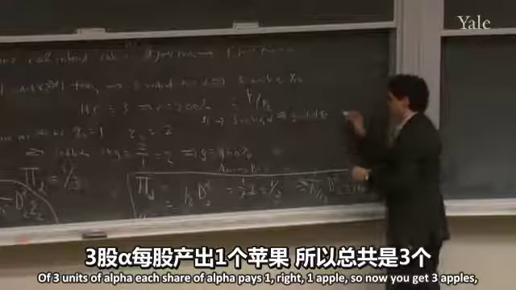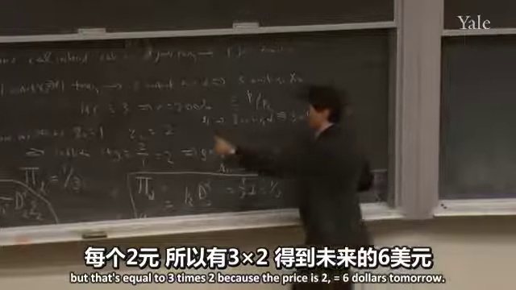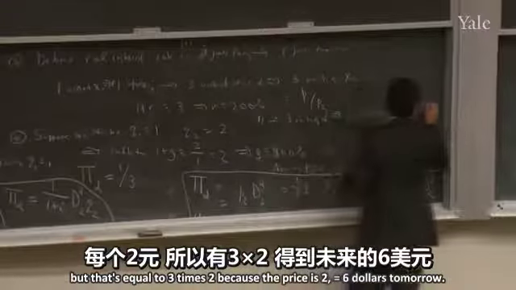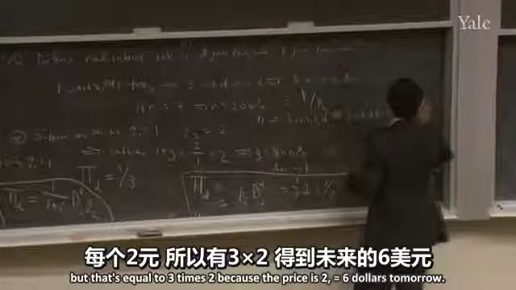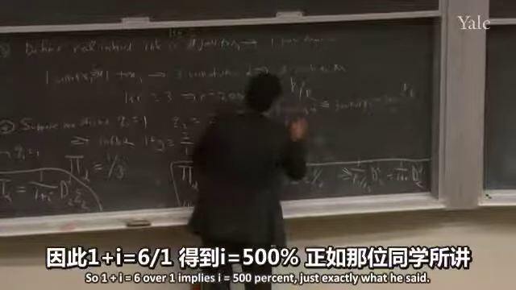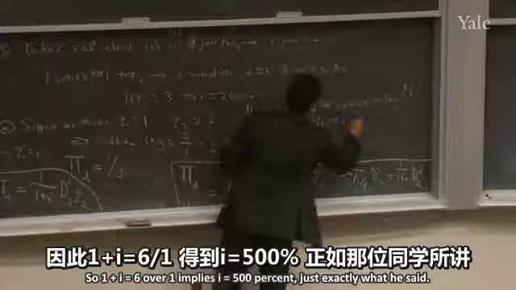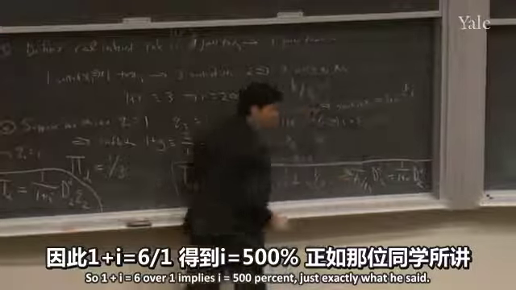So now you get 3 apples, but that's equal to 3 times 2, because the price is 2, equal to $6 tomorrow. So you've turned $1 into $6. So 1 plus i equals 6 over 1, which implies i equals 500%. Just exactly what he said.